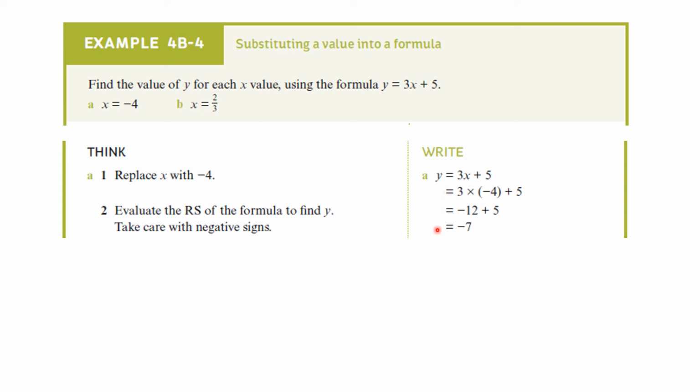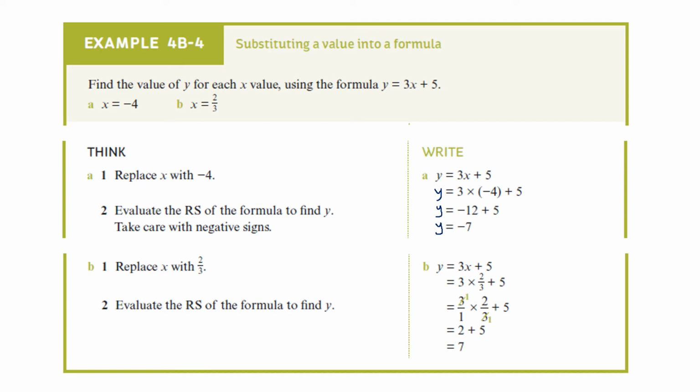So you can keep writing the Y letter, carrying that through like so. X is negative 4, BIDMAS, do this first, 3 times negative 4, negative 12, plus 5, negative 7.